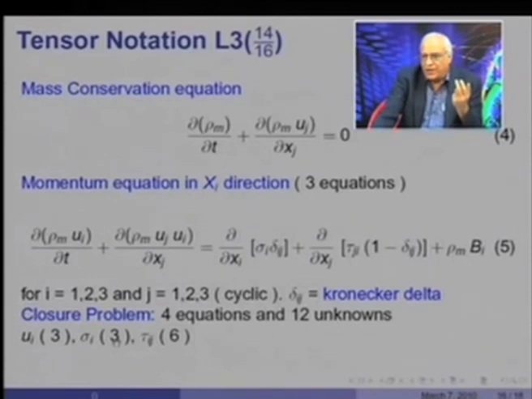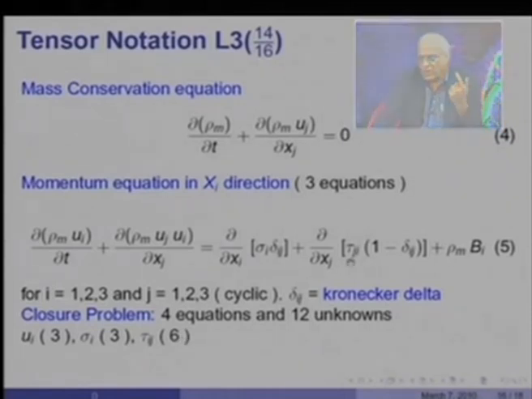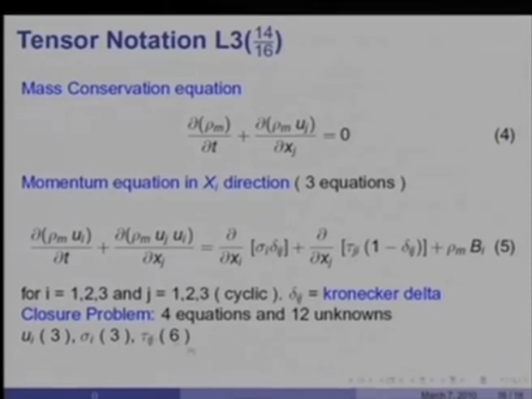Then 3 tensile stresses sigma which we do not know, and 6 shear stresses, tau ij or tau ji. So, we have essentially 6 plus 3, 9, plus 3, 12 unknowns and only 4 equations. So, essentially this is not a solvable set.